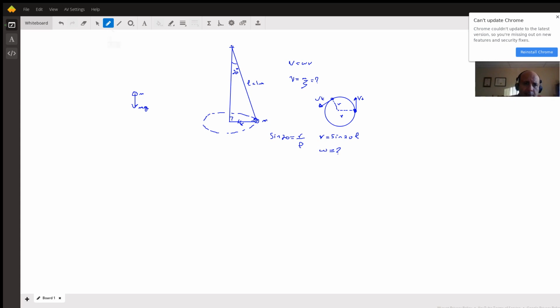And if you cut the string here, you will have a tensile force, a tension in the string, which we call T. That T has two components, a horizontal component and a vertical component, like so.